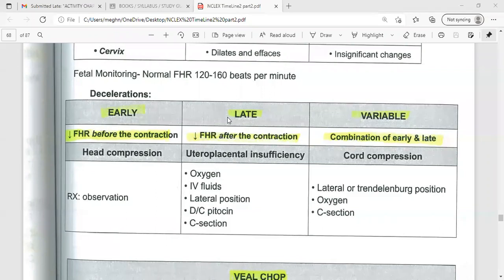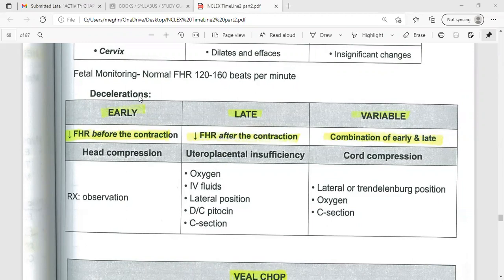The three categories occur because of three different underlying causes. Early deceleration is due to head compression, and the fetal heart rate is reduced before the contraction.